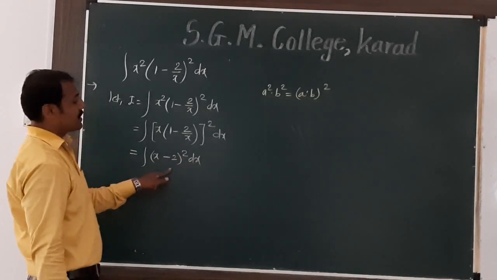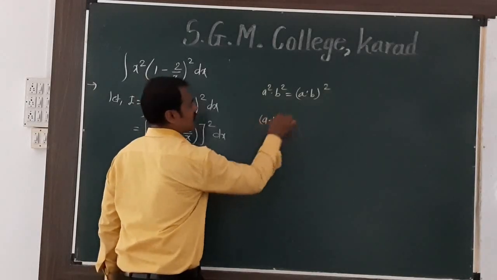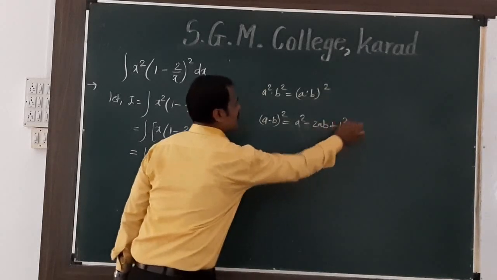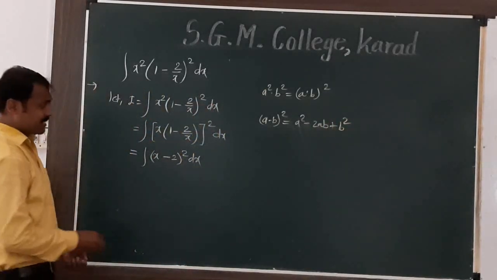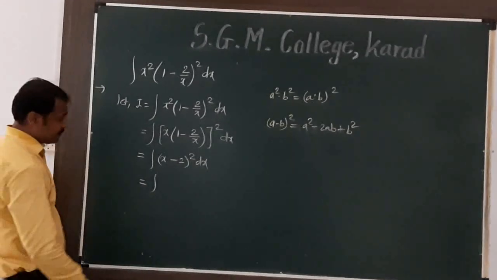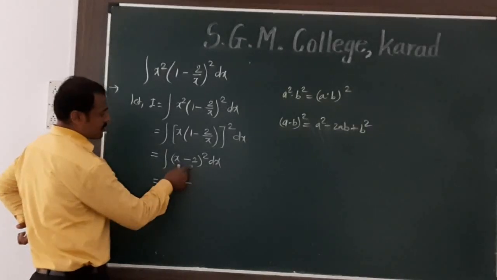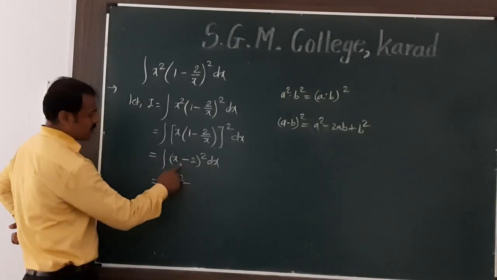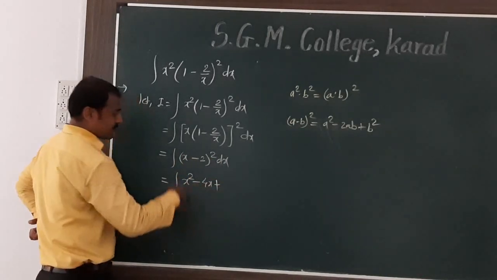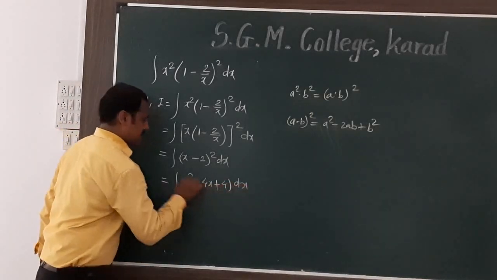Now we know that (a minus b) bracket square. What is the formula for (a minus b) bracket square? (a minus b) bracket square is equal to a square minus 2ab plus b square. Using that formula, integration becomes integration of square of the first term x square, minus product of the terms and double it, 2 into x into 2, double of it, minus 4x, plus square of the second term, it's 4, dx.